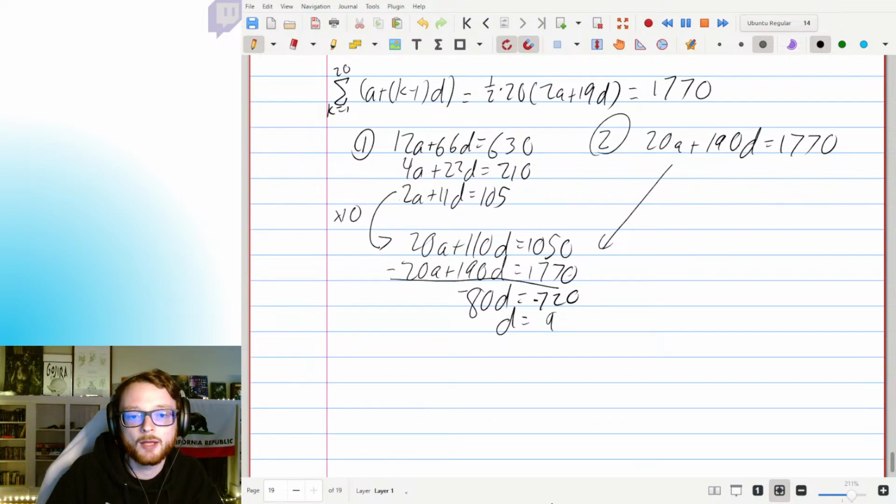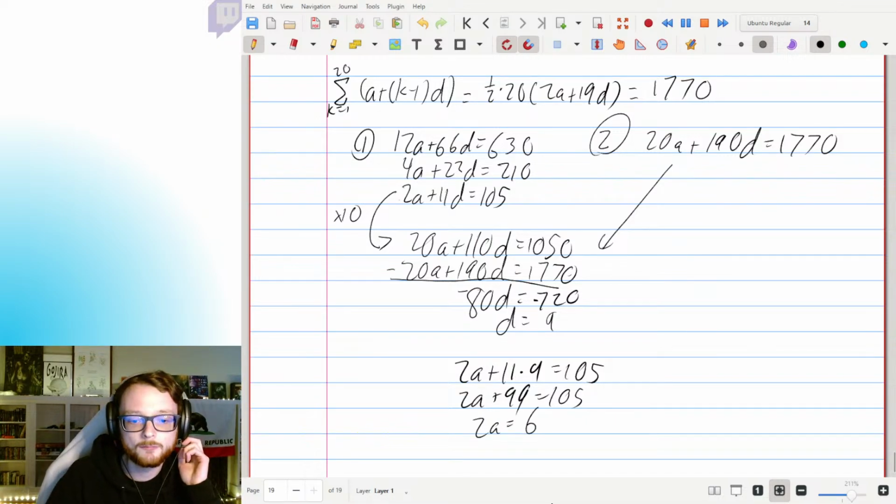So if d is 9, we can plug it into either of these equations. The first one looks a lot simpler, so let's do that. So 11 times 9 is 99. 105 minus 99 is 6.